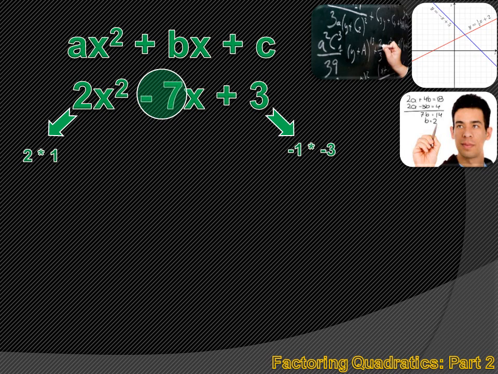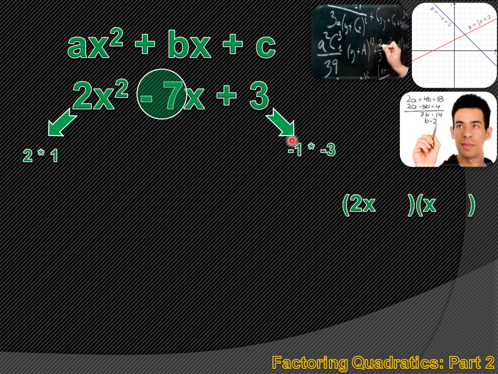Okay, so I know the factors of my a term. It's 2 and 1. So I can start creating my factoring by putting 2x, leaving a blank, and then multiplying that by the expression x, and then leaving a blank. And I'll put my c factors in those holes.